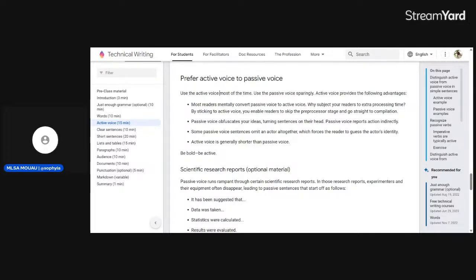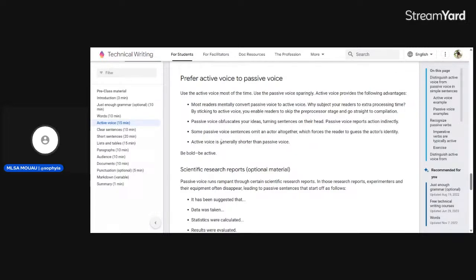Another tip is that some passive voice omits the actor. And if you are writing a user guide and you omit the actor, the reader will definitely be confused about what the information is trying to convey.